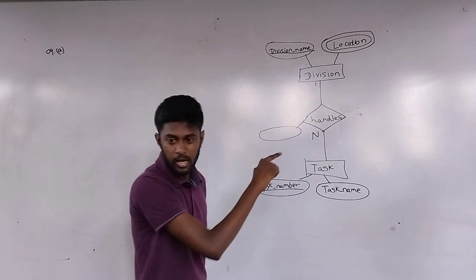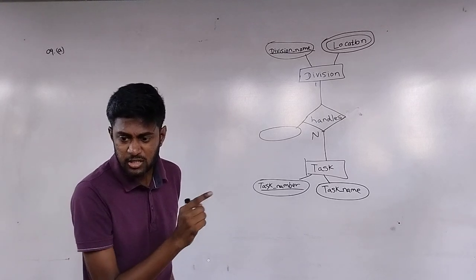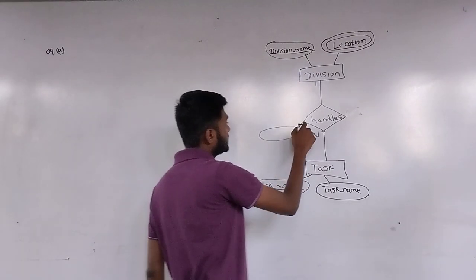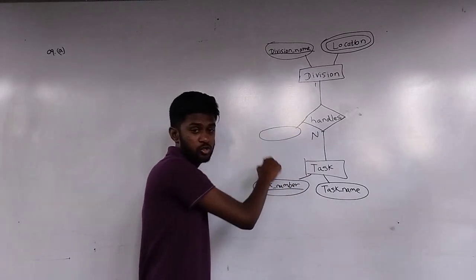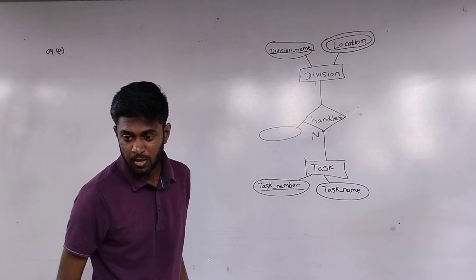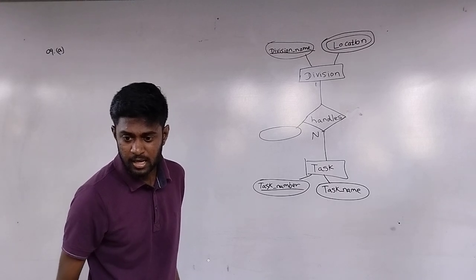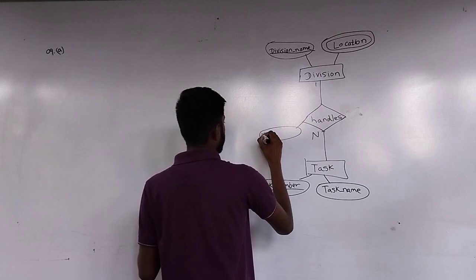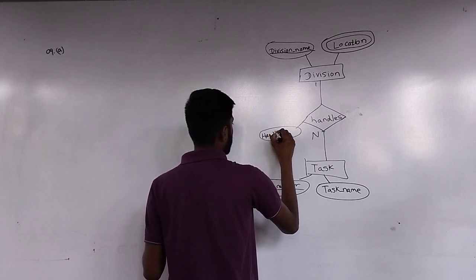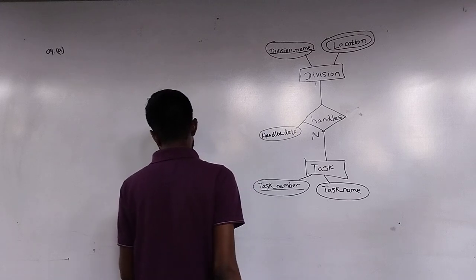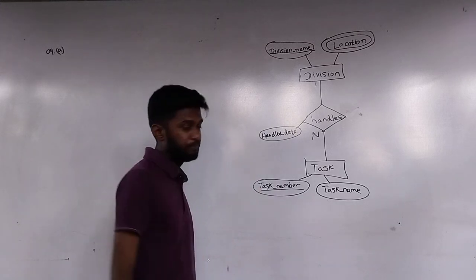That means the handled date should be inserted into this handles relationship. So let me say that as date, or you can say handled date. Right? So that is also done, dear students.